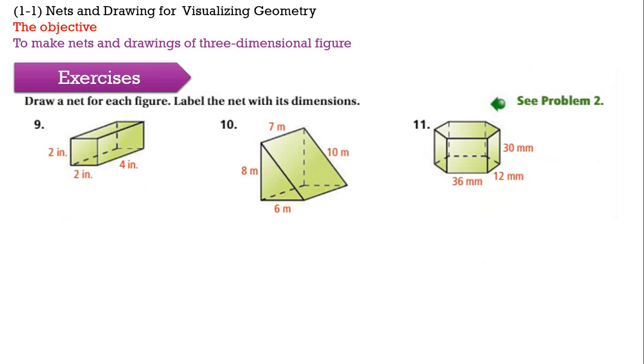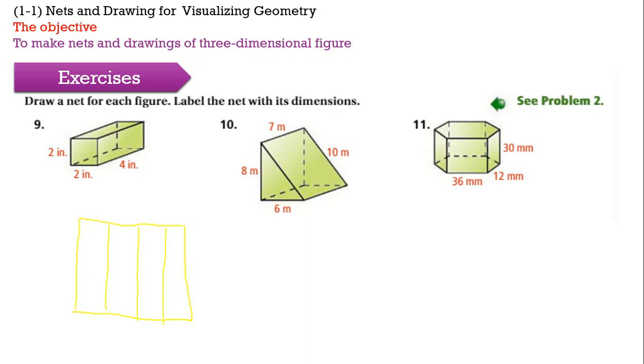So the first one here, I can do it using exactly the same one, the given one in the first problem. So we have here a prism. So I have 4 faces.